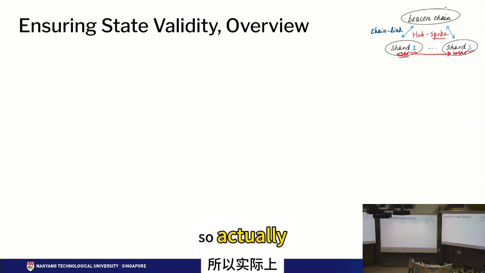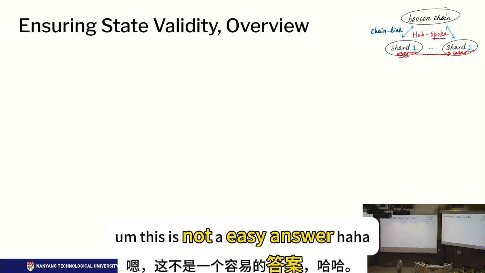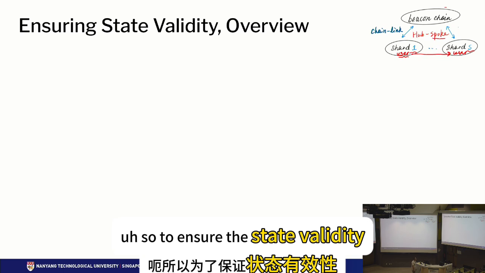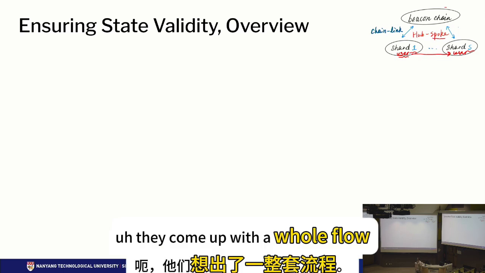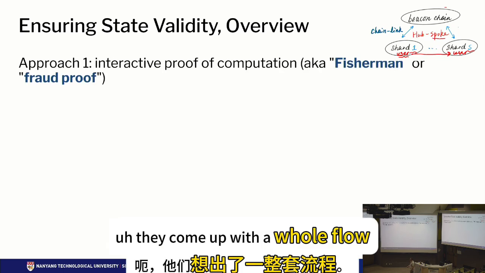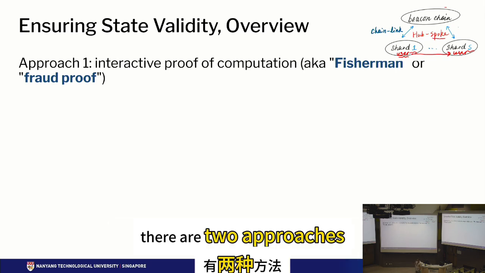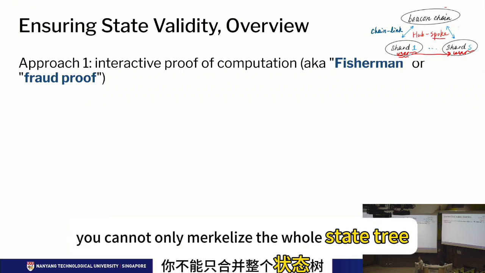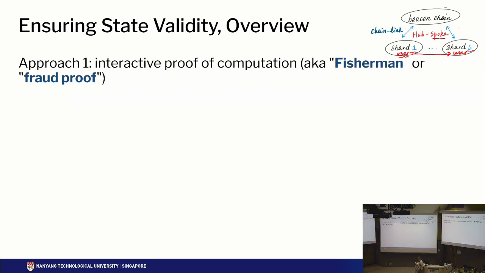So actually, this is not an easy answer. To ensure the state validity, they come up with a whole flow. There are two approaches to ensure the state validity, because you cannot only Merkle-ize the whole state tree.